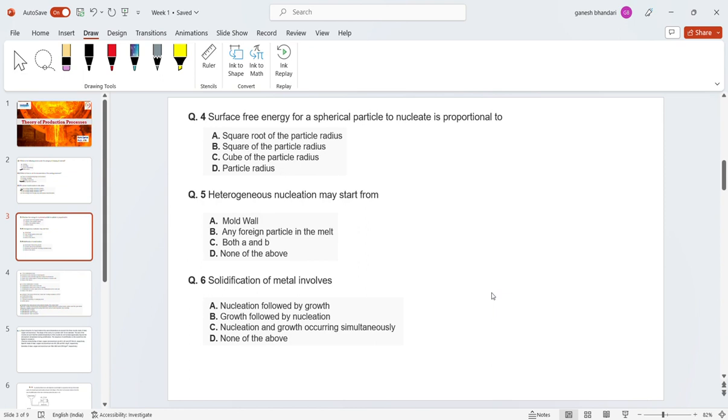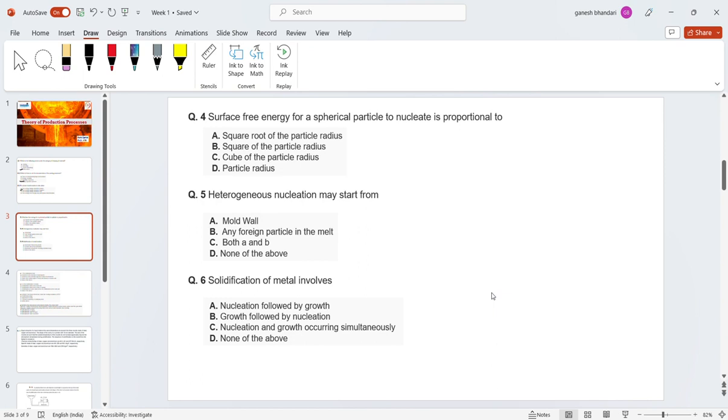So what happens in that: suppose a water droplet is poured onto a particular surface. It will make a particular angle with it. Then that angle is measured, you can take a photograph of that, and then with the particular relations, you can calculate the surface free energy of that.